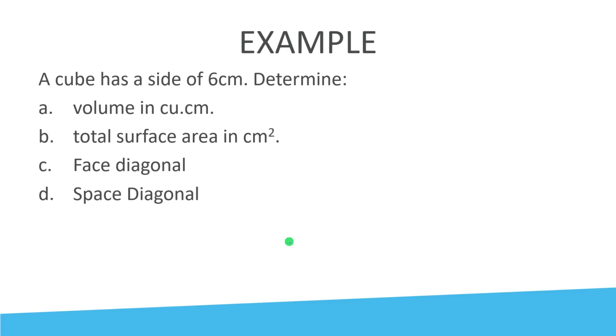We can directly solve the problem by assigning A as 6 centimeters. For the volume, it is a cube, so 6 centimeters raised to 3 is 216 cubic centimeters.